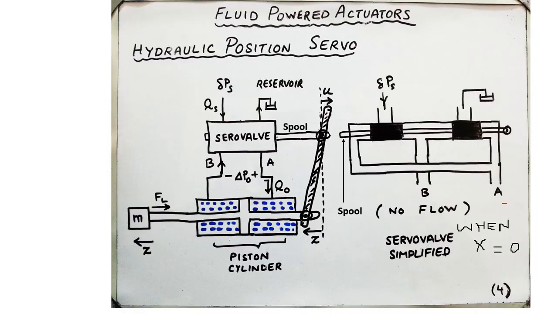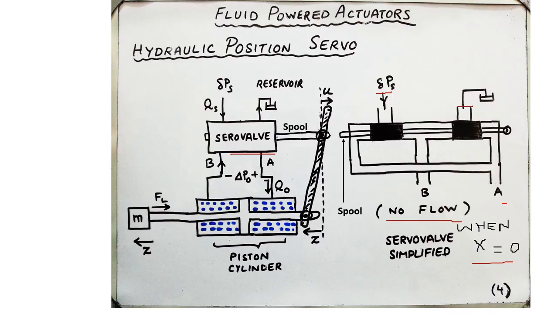However, when X equals 0, which is the default state of the servo valve, it allows no fluid flow. The simplified internals of the servo valve as shown here can clearly indicate that there is no possibility of the fluid flow because the ports are completely blocked.